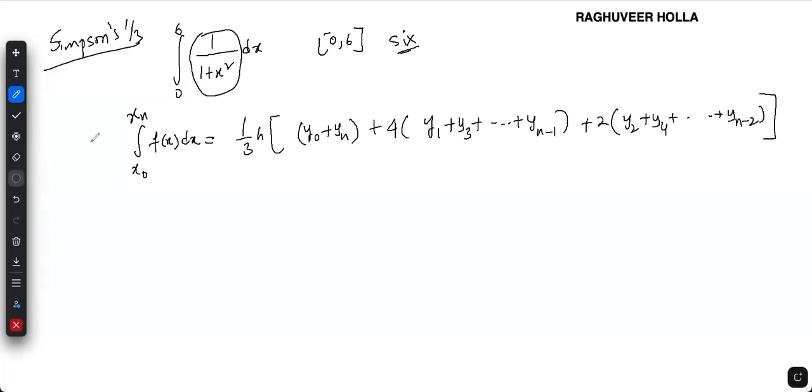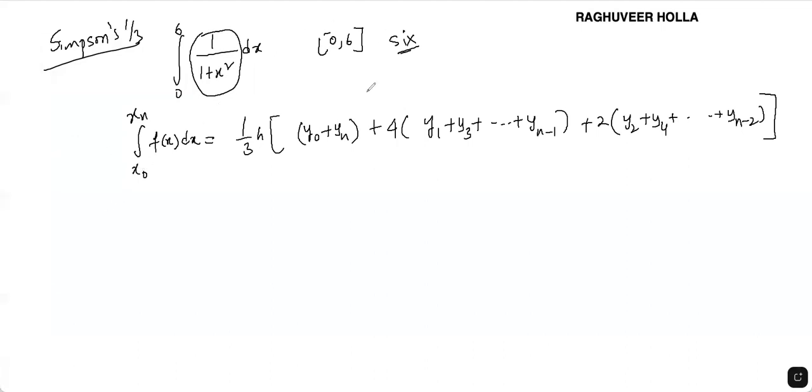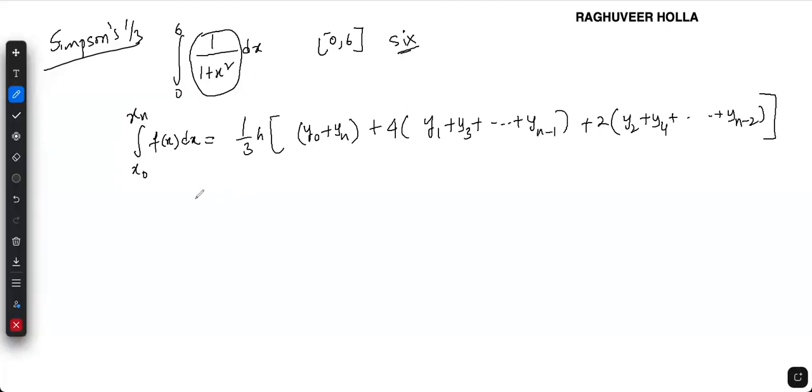So this is the general formula. I need here 6 equal parts. So x naught is 0 and xn is 6, so your h is xn minus x naught by n, which is 6 by 6, which is 1. So here the interval is 1.